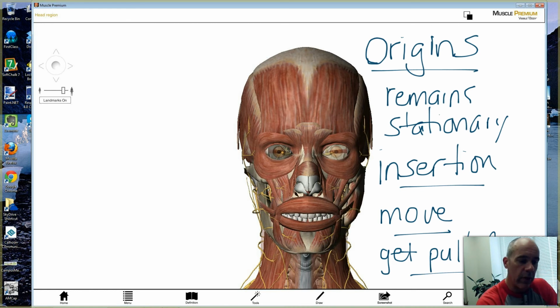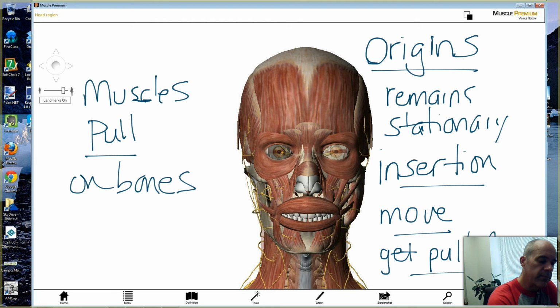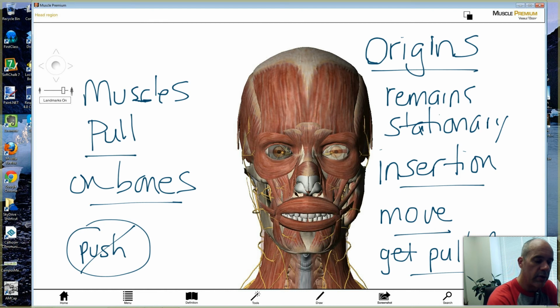So that's how muscles work. Muscles pull on bones. That's another thing I want you guys to get used to thinking about. They don't push. Muscles, think about it, your muscle fibers, you're learning about that on the physiology side, they shorten.